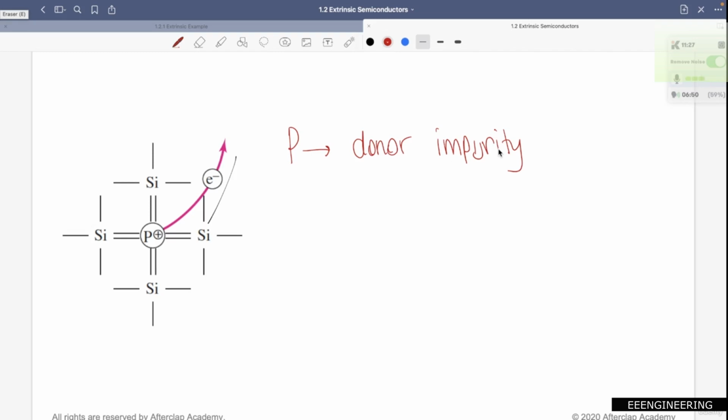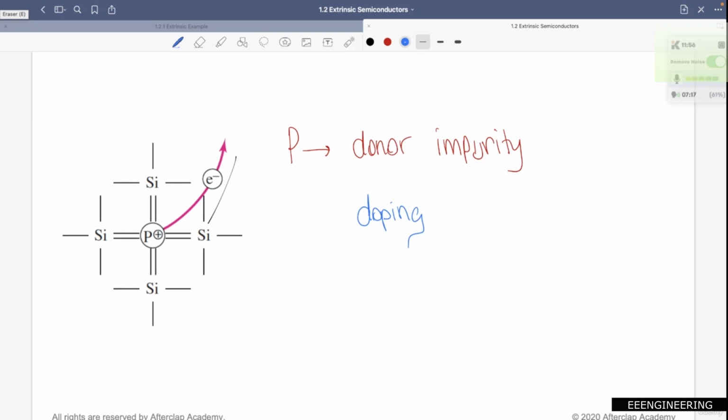That's the logic we have. But the most important point in here is that we are creating moving electrons without generating holes. We don't have any holes at all. And this process, by the way, is called doping. Have you ever heard this before? Doping. It is called doping because now we are able to control the concentration of free moving electrons by adding impurities. That's the logic we have.